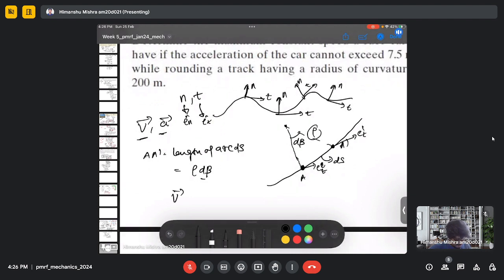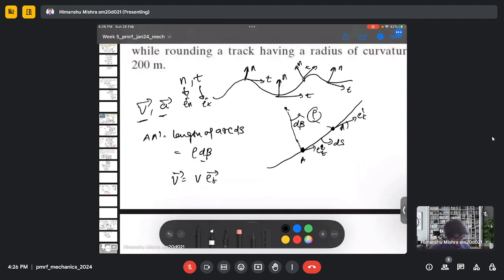Now the velocity vector in the tangential direction can be given as v. So my velocity will be given as the rate of change of this arc with respect to time, and my ds is this quantity.